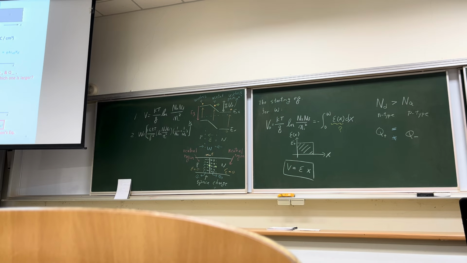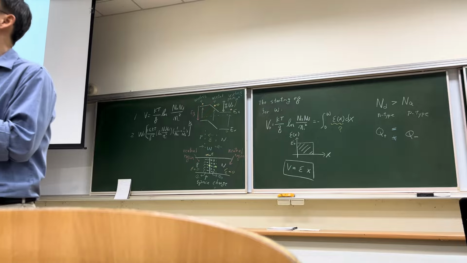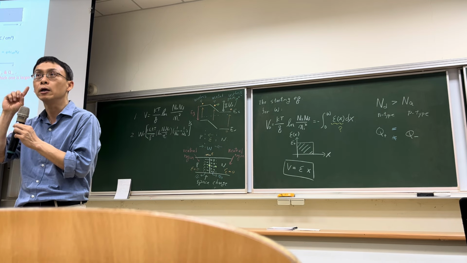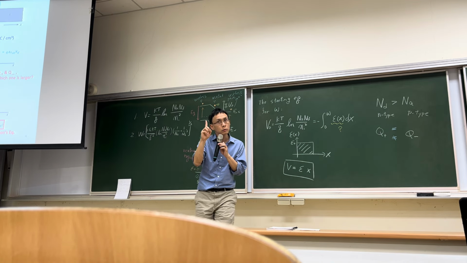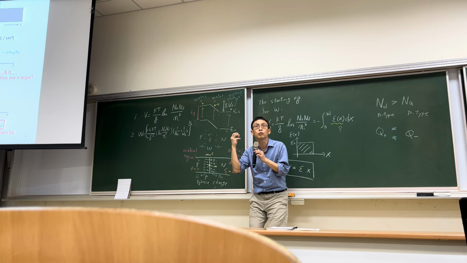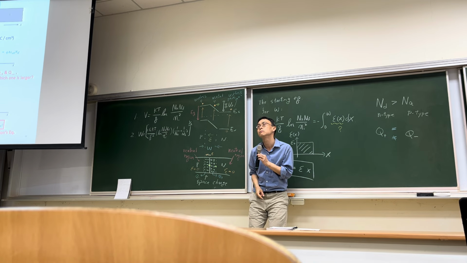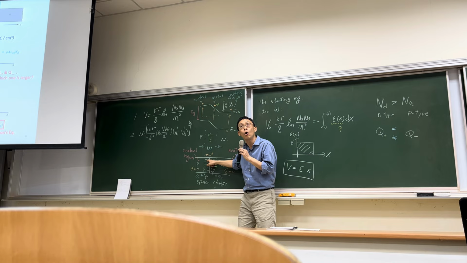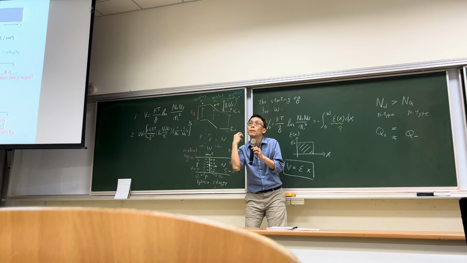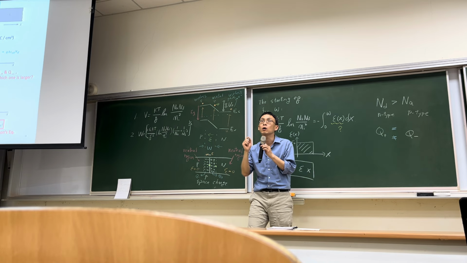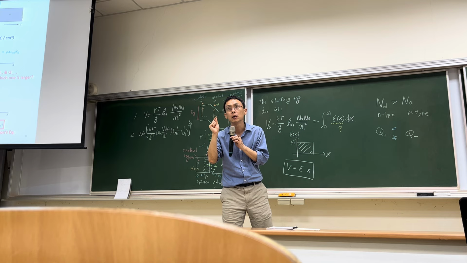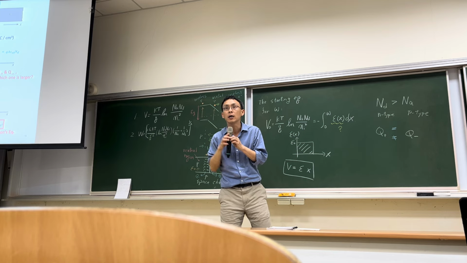One electron can only recombine with one hole, no cheating, one is one. In other words, if you lose one electron due to recombination, at the same time you lose another hole, because one recombination event simultaneously reduces one electron and one hole.